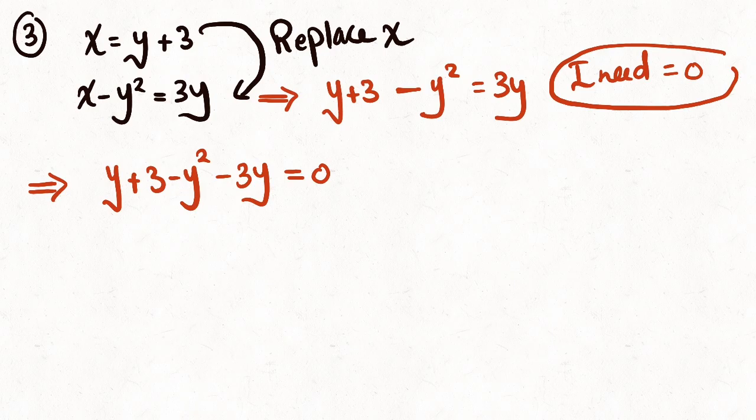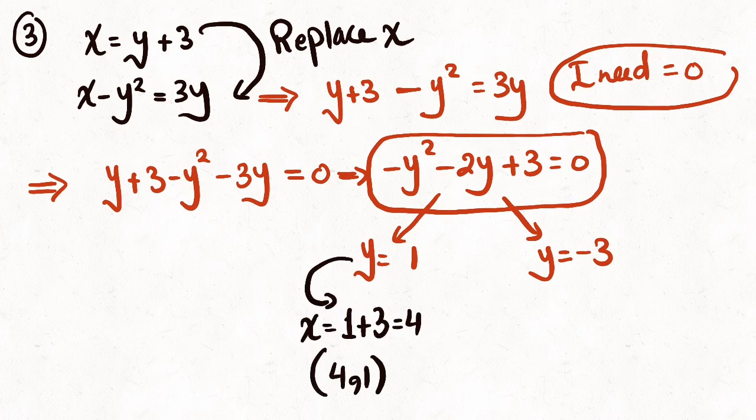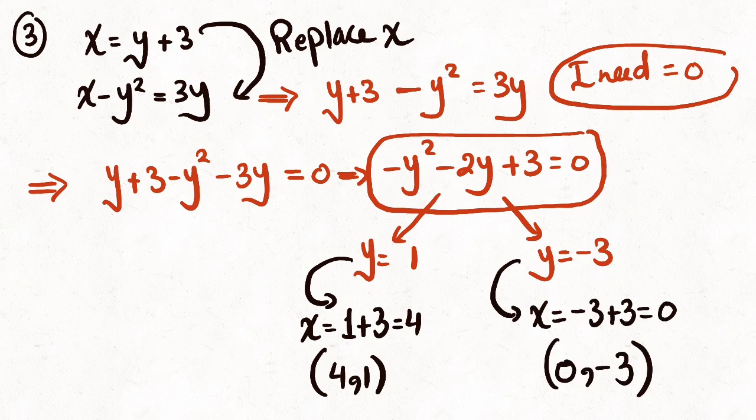Because you will factor it later and then you will find the values of y. But keep in mind, when you find the values of y, each y needs an x. Thus here in this example, our y's are 1 and negative 3. We go back, we remind ourselves the first equation, x equal y plus 3, and we start replacing the values of y. Then we write the final answer as an ordered pair x comma y.